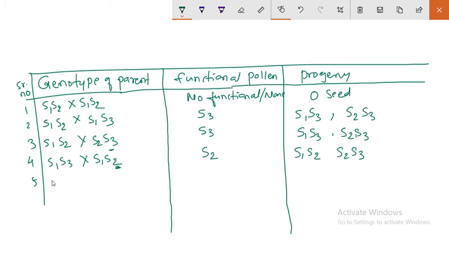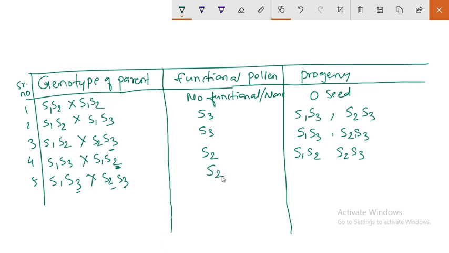Then the fifth one: S1, S3 crossed with S2, S3. S3 is common here, so only S2 is functional.